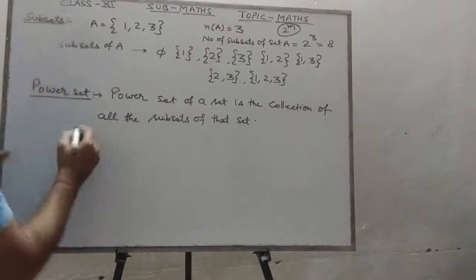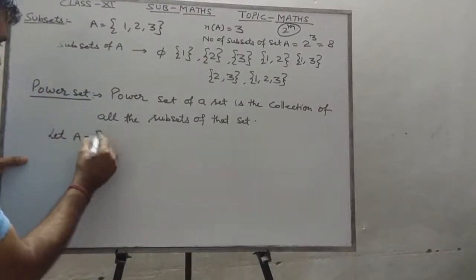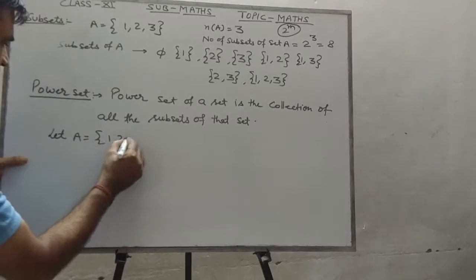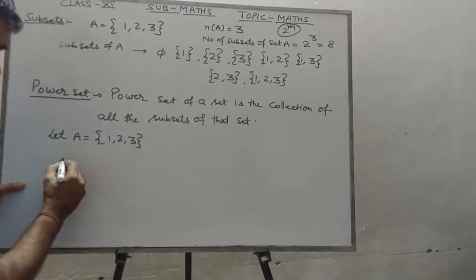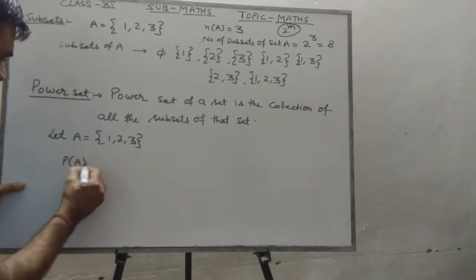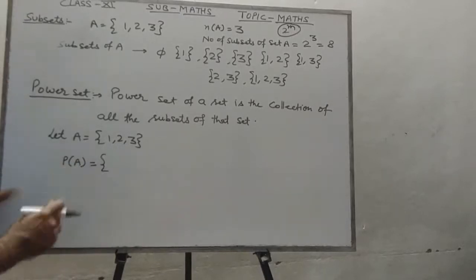So let A be a set having the elements 1, 2 and 3. Then its power set is denoted as P(A) and will be equal to the collection of all the subsets.